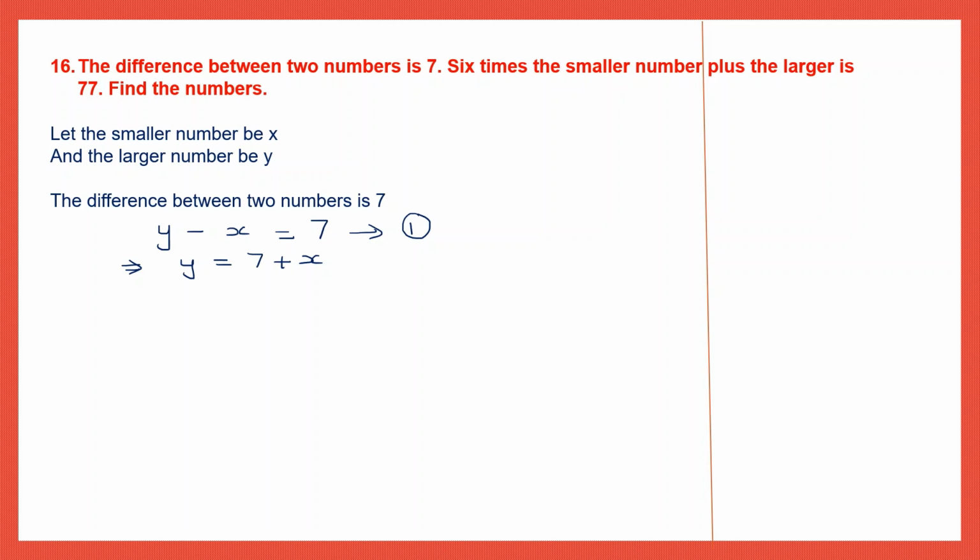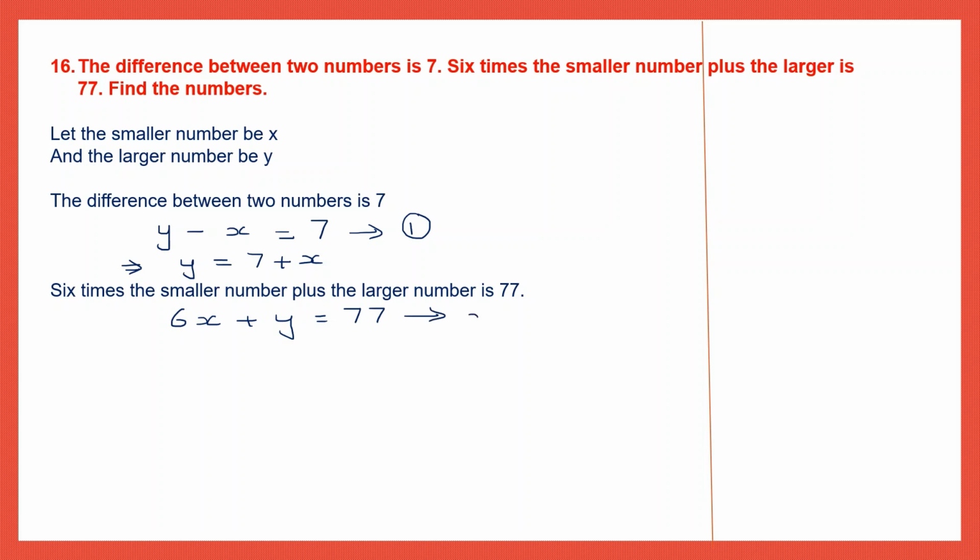Now let's go to the second part of the question. 6 times the smaller number, which is x, plus the larger number, which is y, is 77. So let's make an equation out of that. So 6 times the smaller number, that is 6x, plus the larger number y is equal to 77.